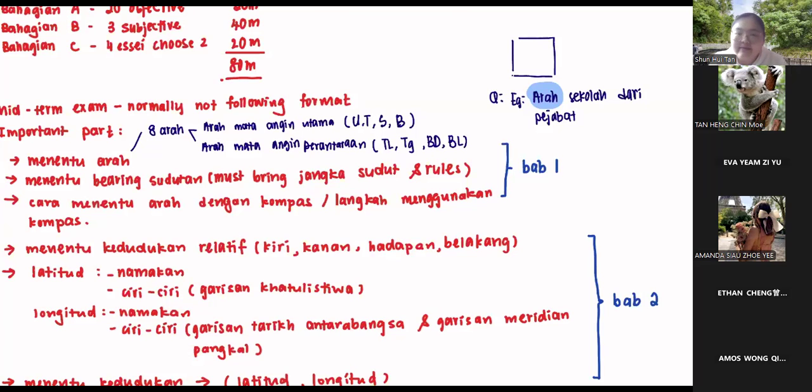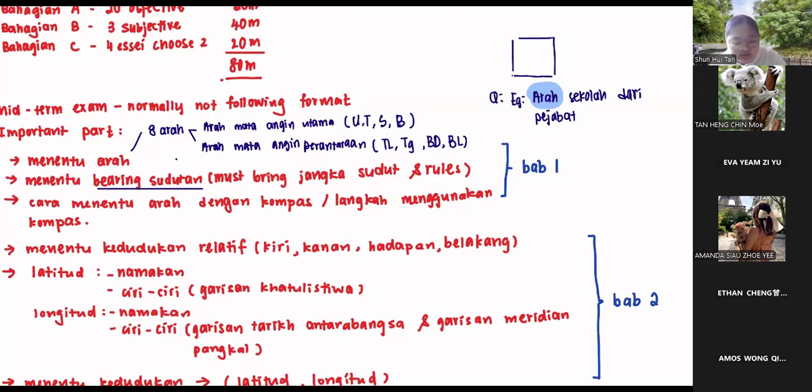Now, other than arah, they might also ask you another thing called bearing sudutan. Sudut means degree, all right? So they require you to determine the direction, but we are not using arah mata angin utama or perantaraan.